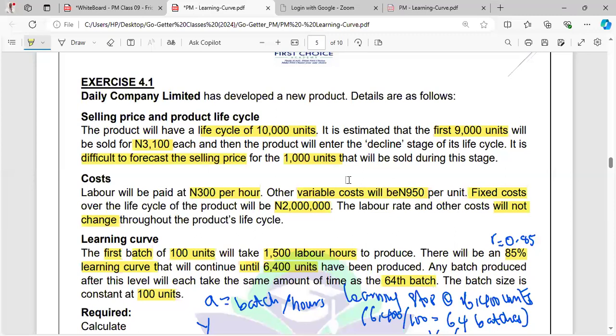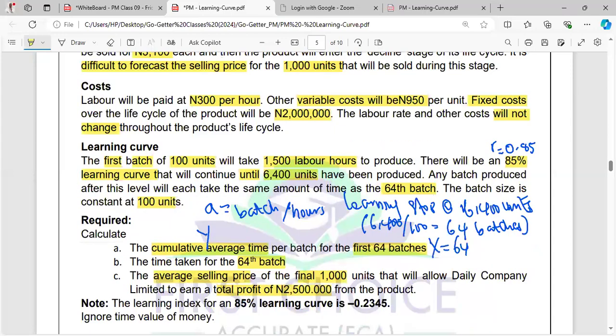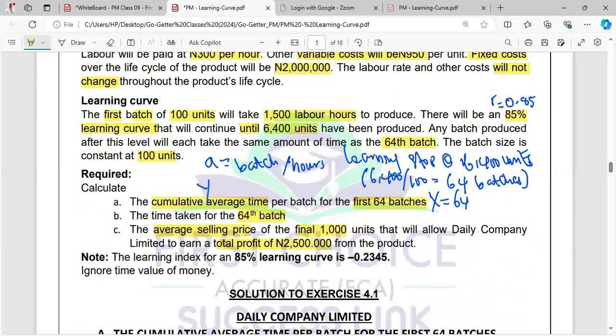Then we now look for the first 64 batches.